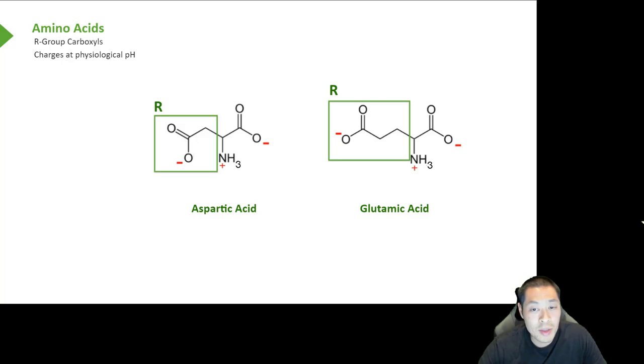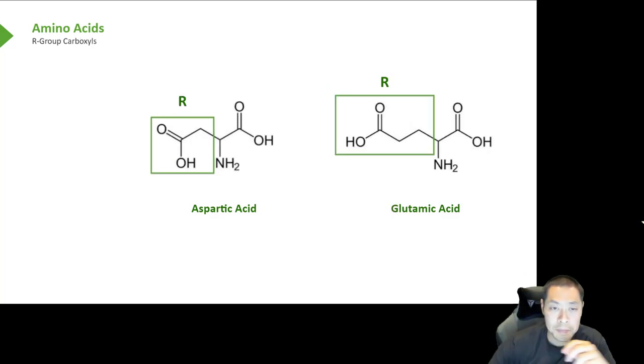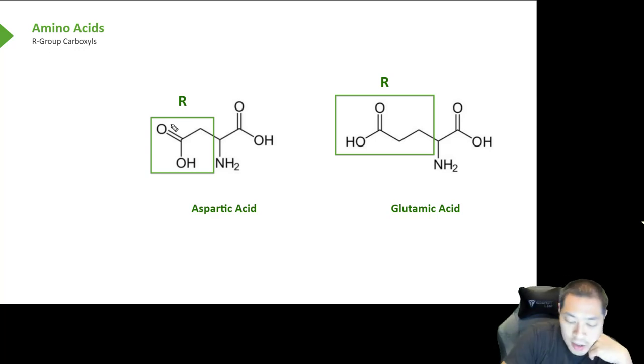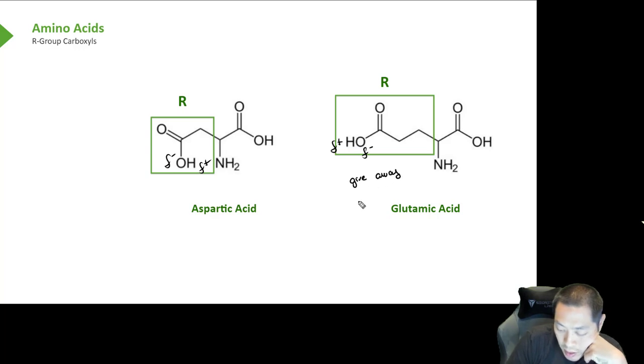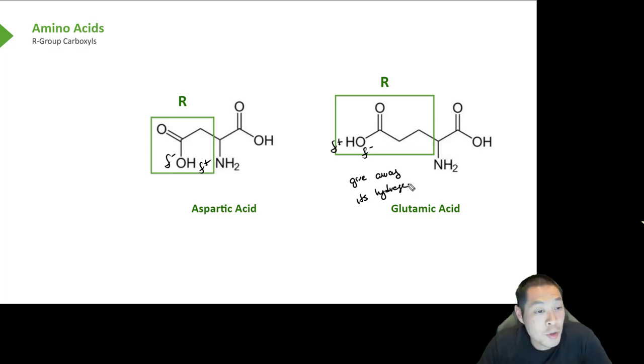Within the pH of our bodies, what's going to happen is because oxygen is so electronegative and this one's positive, it's going to give away its hydrogen because it doesn't mind. It wants that extra electrons anyway.